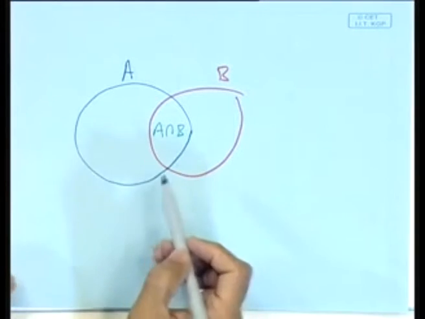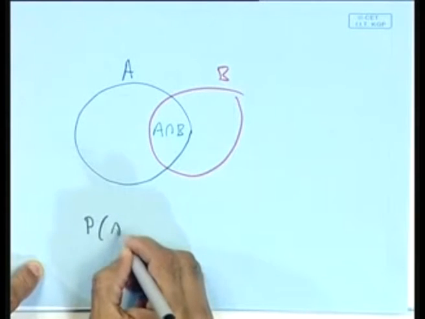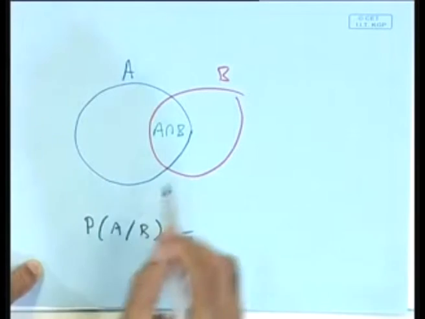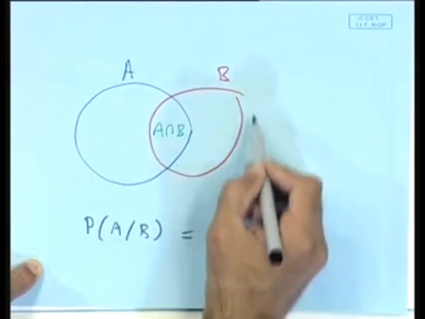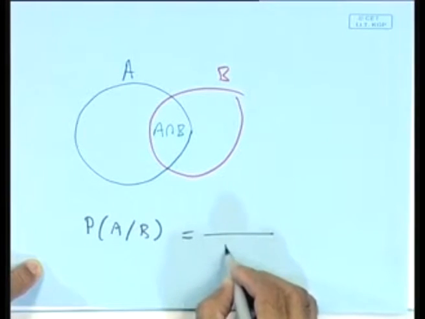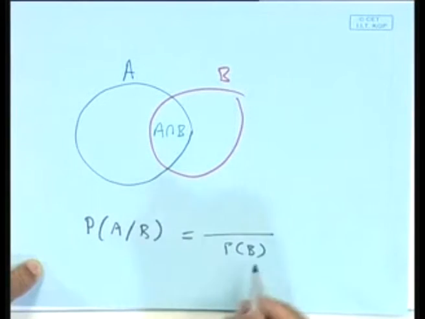Now, if I have to figure out the conditional probability, which I'm going to write as probability A given B, let's look at the total possibilities. Given B means all of B would have occurred, so I divide by that in the bottom. I just call it P(B) in the bottom. That's the denominator.